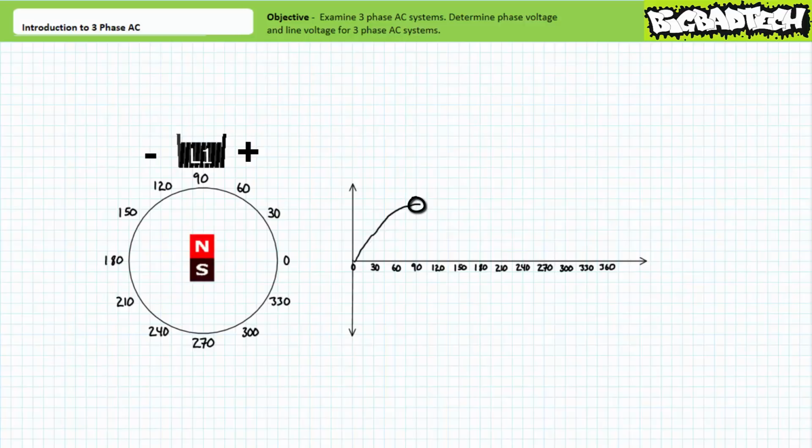When the North Pole is aligned with L1 at 90 degrees, output voltage achieves a positive peak. As the North Pole recedes from winding L1, induced voltage is still positive, yet decreasing in magnitude. When the rotor reaches 180 degrees, induced voltage crosses 0, going negative. As the South Pole approaches winding L1, induced voltage is negative and increasing in magnitude.